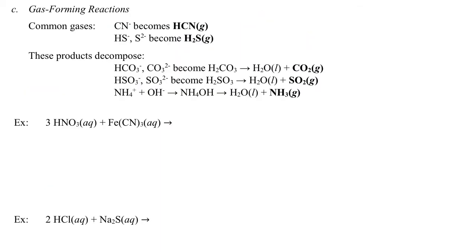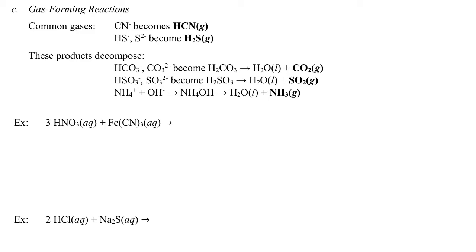So another type of double displacement example that we will look at is double displacement reactions that result in the formation of a gas. We've seen solids, we've seen liquids or acid-base reactions, and now we're going to look at gases being formed. In order for us to do this well, we need to be aware of some of the common gases.